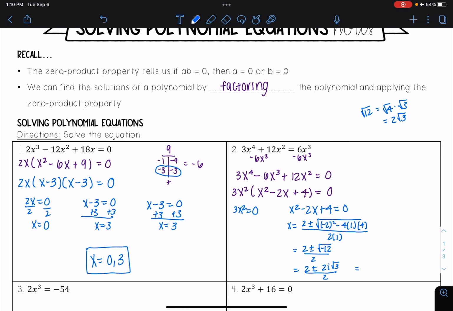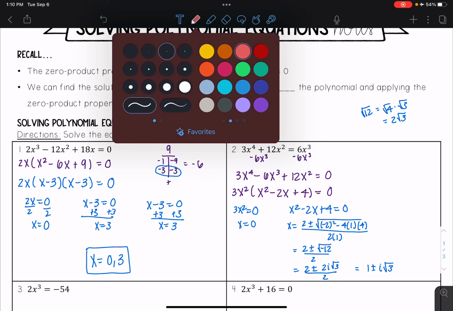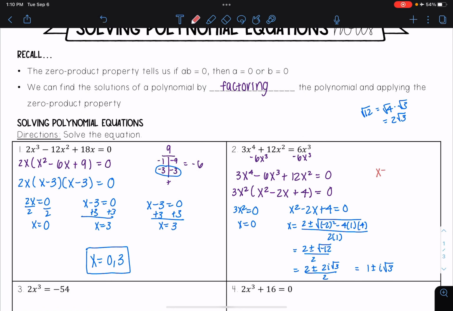And this can be simplified to 1 plus or minus i root 3. So that's one of my solutions. However, I need to make sure I don't forget about this 3x squared is equal to 0. If I solve this, I get that x is equal to 0. So that means that my solutions for this one are x equals 0, 1 plus or minus i root 3.